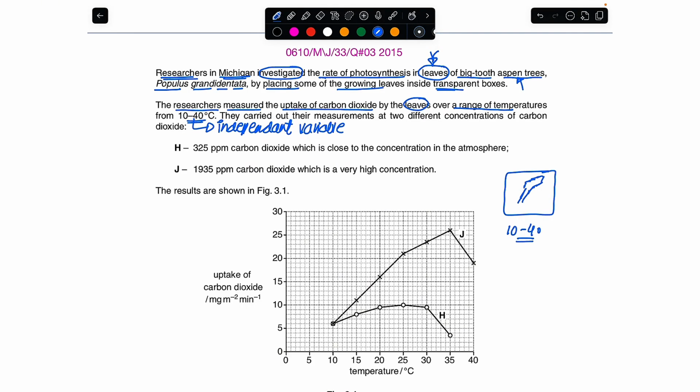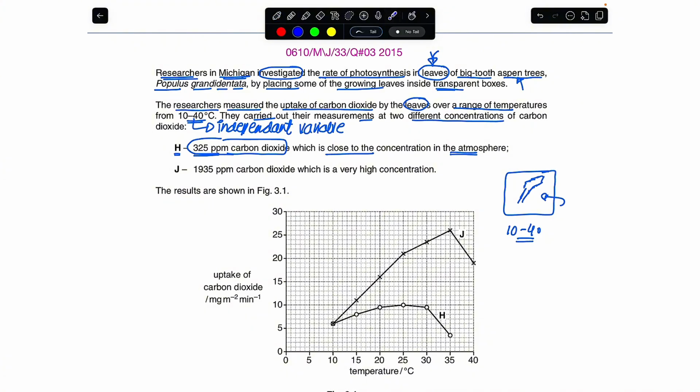Then they say that they carried out their measurements at two different concentrations of carbon dioxide. Each setting would be the same, but at first I would keep the concentration of carbon dioxide in these transparent boxes having the aspen tree leaves at 325 parts per million, and this is close to what we have in the external environment.